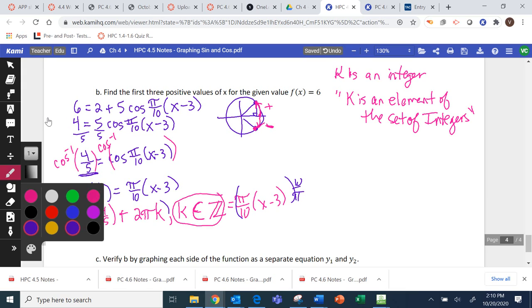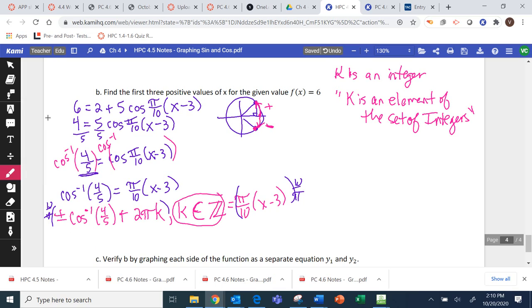See, so on this side is going to give me plus or minus 10 cosine inverse 4/5 over pi plus, and when I multiply this by 10 over pi, I get 20k.